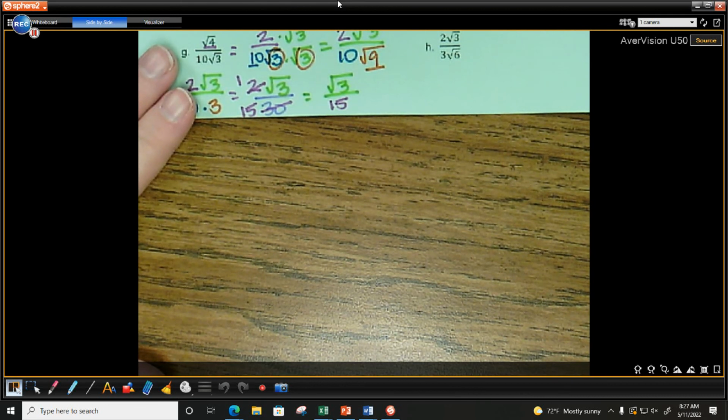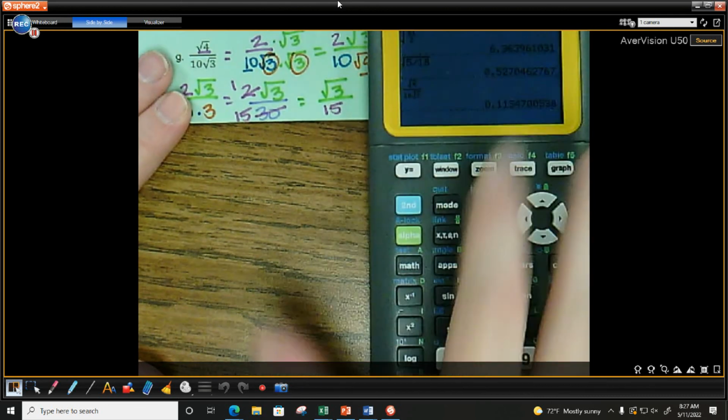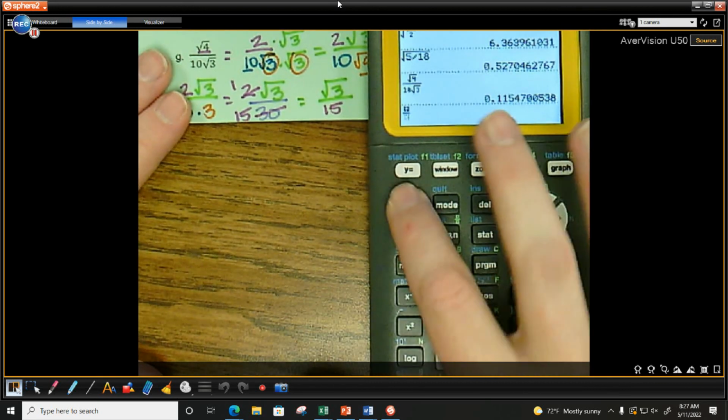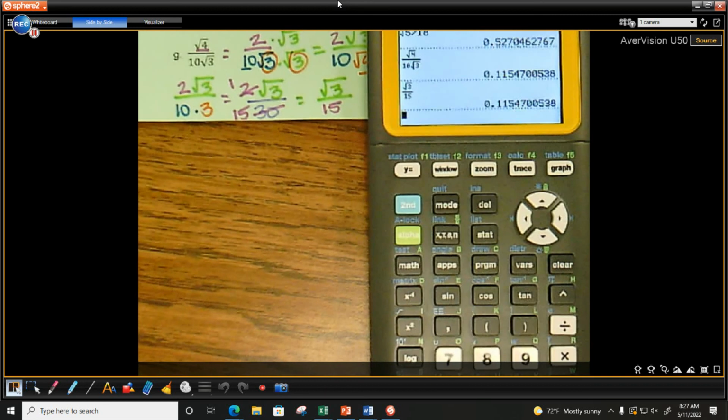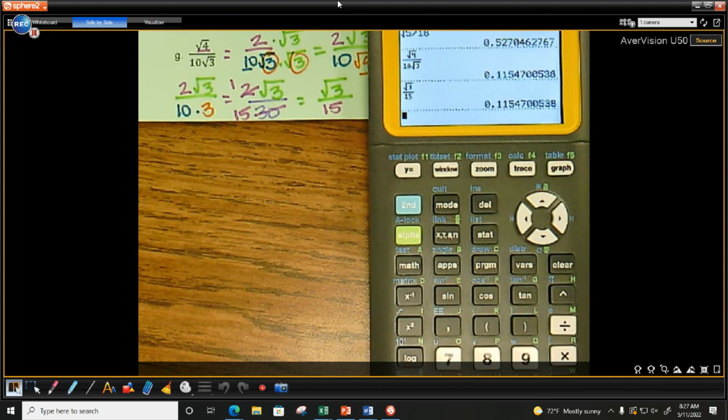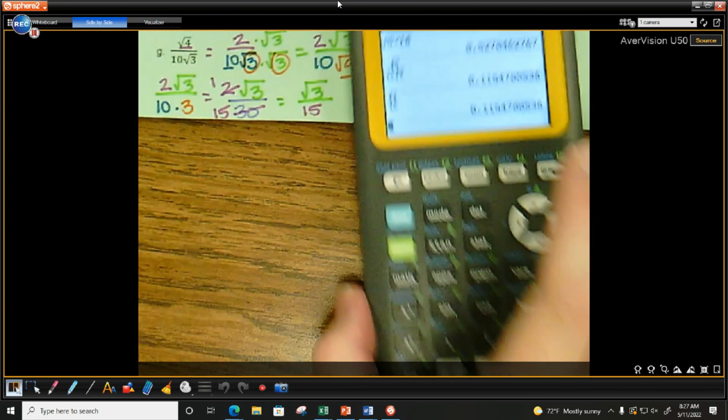Definitely type this one in, guys. These are longer, harder problems. Type it in. Good? Last one. I'm going to tell you it doesn't simplify at first. You don't get a whole number. Okay? Just to save us a little bit of time.